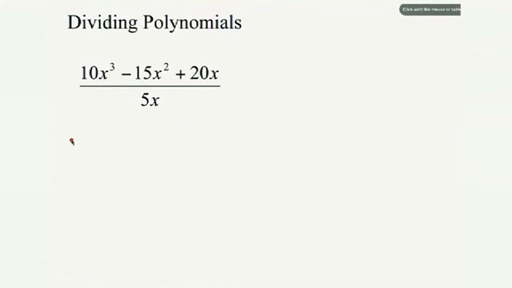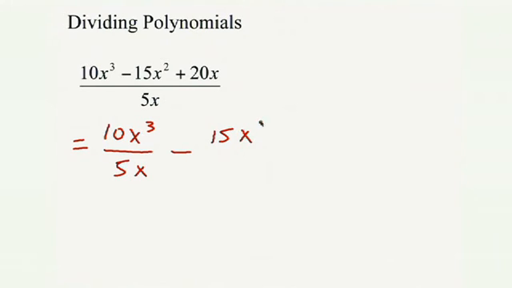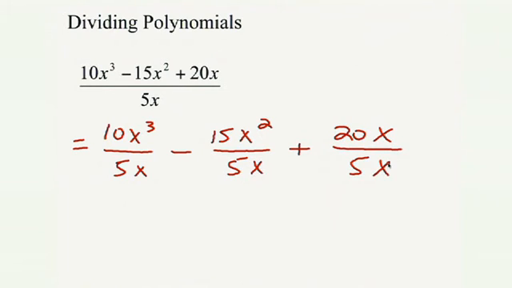So this problem is the same as 10x cubed divided by 5x minus 15x squared divided by 5x plus 20x divided by 5x. And then we'll just do each problem separately. Here, 5 goes into 10 twice, so that's 2.